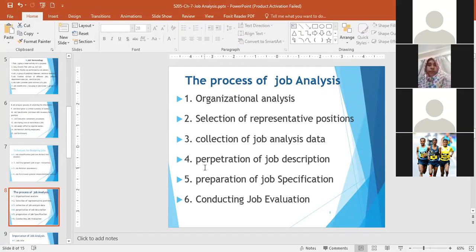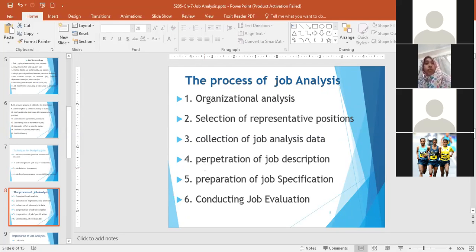So if you think of a university like Asian University of Bangladesh, okay, then if you think of the Department of Economics, first of all you have to think how many students are at present, okay, then we have to think how many teachers are needed, right? So this is the organizational analysis.